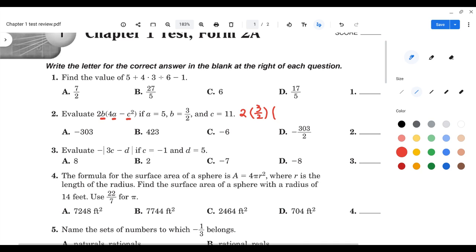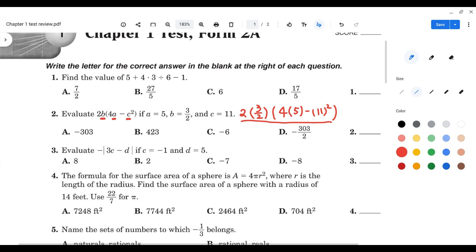Then parentheses, 4 times A, which is 5, minus C squared, C is 11, squared, close parentheses. Sometimes people get confused when you have parentheses outside the parentheses. If you just put this into the calculator, it will recognize it.